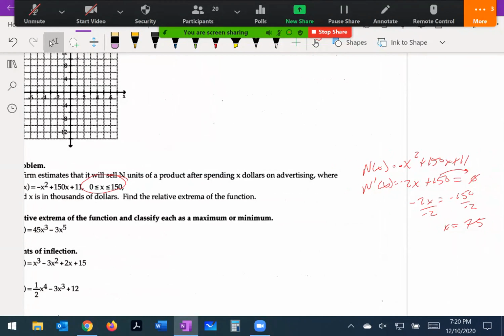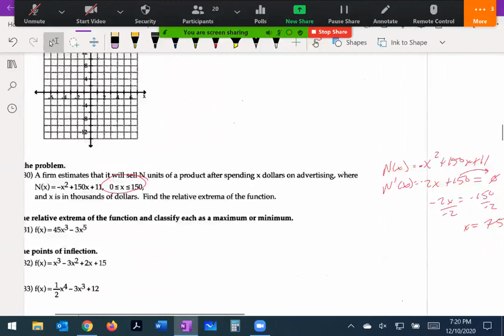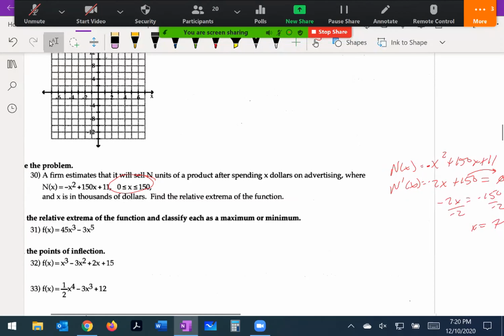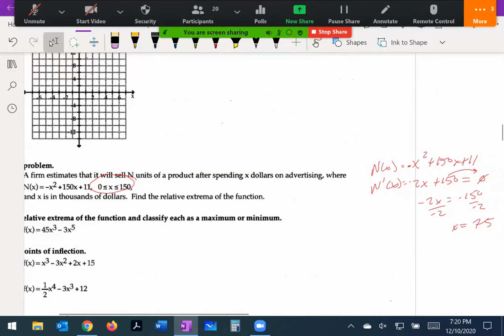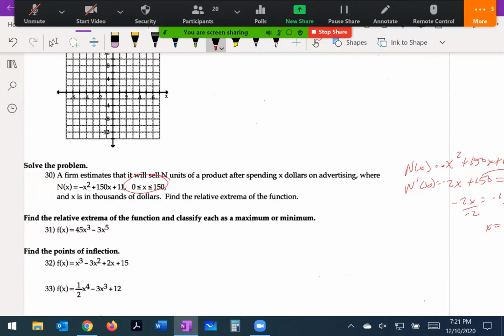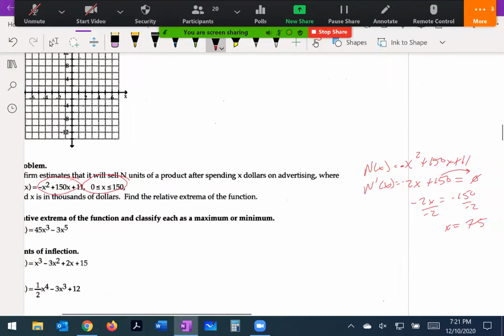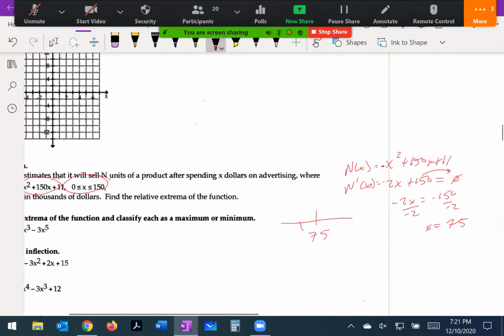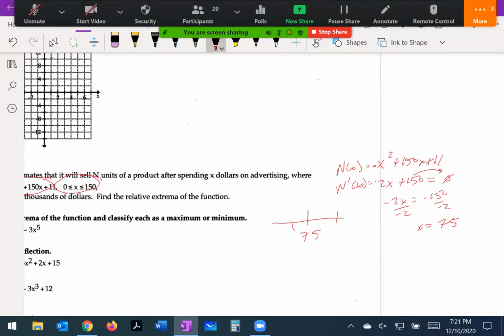Okay, and so I need to just know, is this a maximum or a minimum or what? Okay, so this is a parabola. But we don't have to. We could do a number line and we could do 75 and then find out what's happening on either side of it, right?